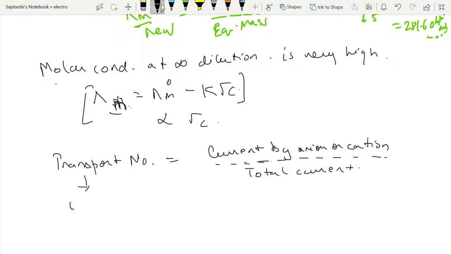Transport number is given via T plus, T minus equals 1. So the transport number of cation plus the transport number of anion is equal to 1. So T plus is equal to 1 minus T minus. So if you just find out T plus or T minus, or it's given, you can find out the other as well.